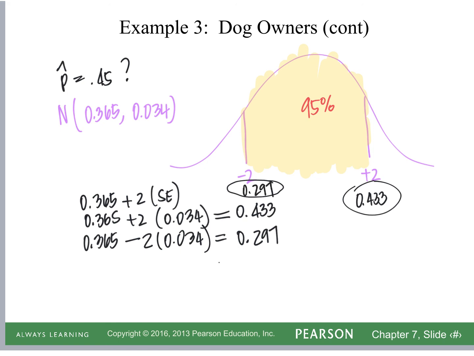And now that we have these 2 markers, we can see where this 45% is landing. We see that between -2 and 2 standard errors, it goes from 0.297 to 0.433. So because 0.45 will be outside of that marker over here, we would say yes, that would be an unusual rate.